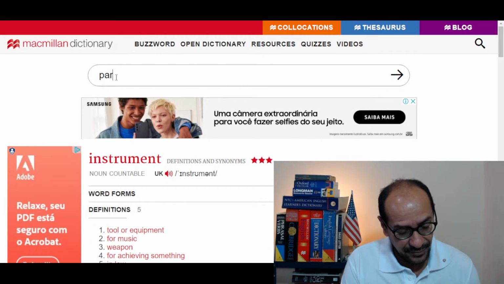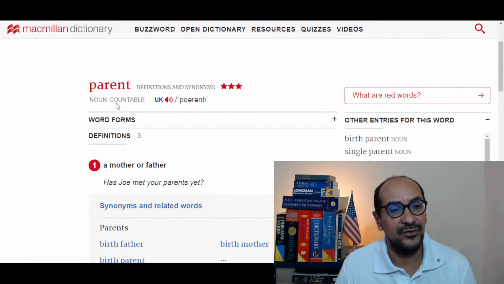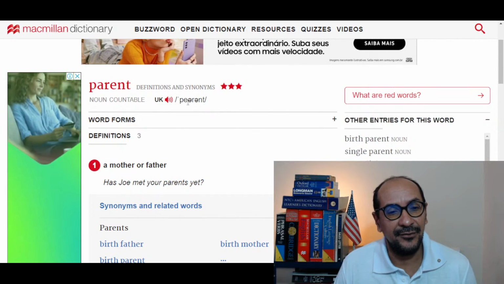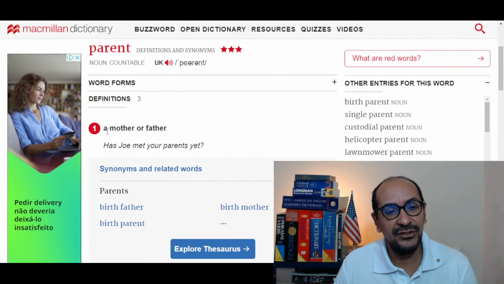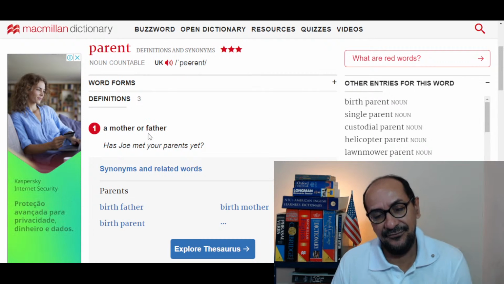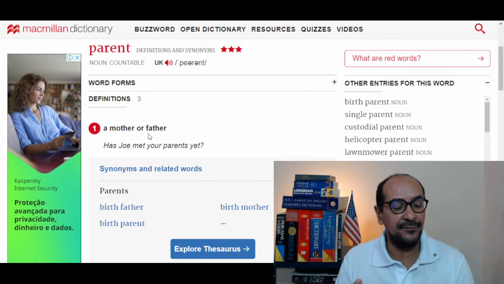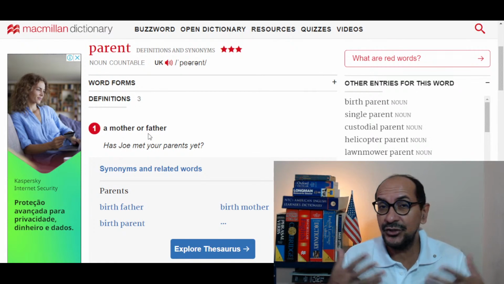So let's get the word parent now, which is the example of a false friend that I gave you. So then you have there, parent. Definition: a mother or father. If it's a mother, it's a mother, if it's a father, it's a father. But if you don't want to say that it's either a mother or a father, you say parent.